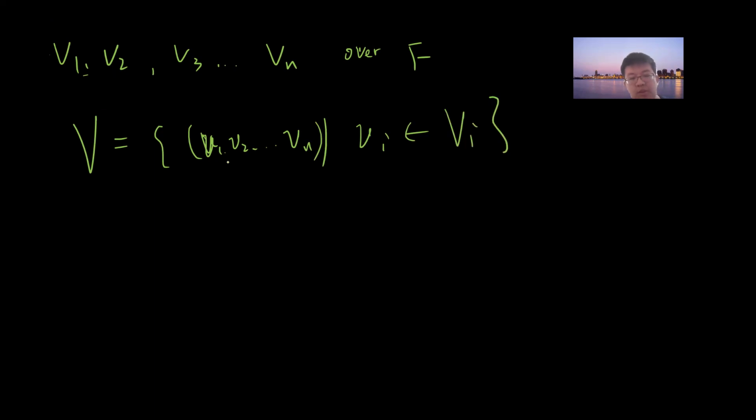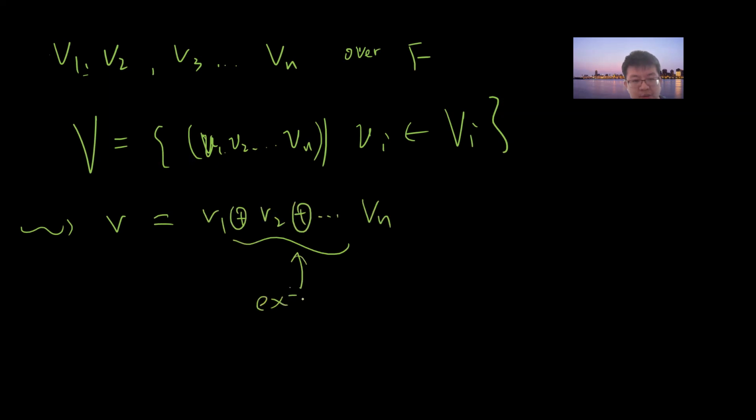Then you can define addition and multiplication. Addition is just adding each coordinate, and for scalar multiplication, just multiply any alpha into each coordinate. So this V will be a vector space, by definition.